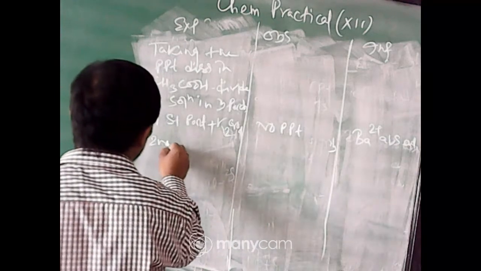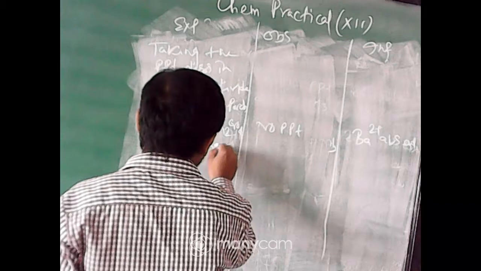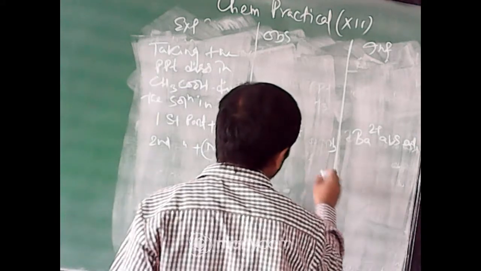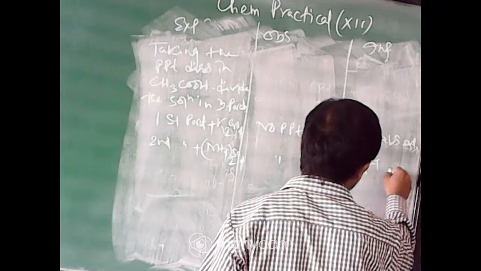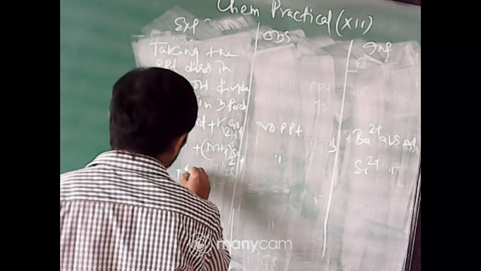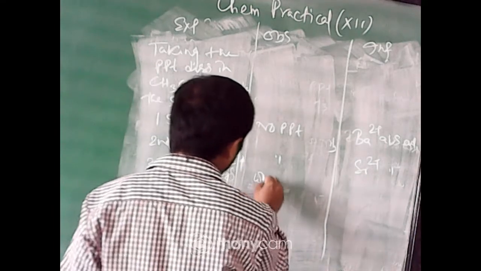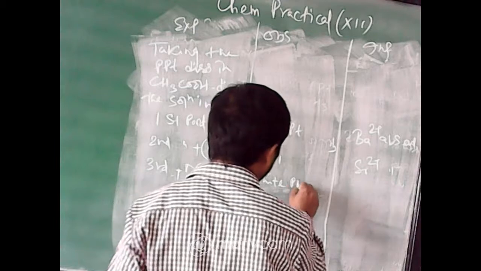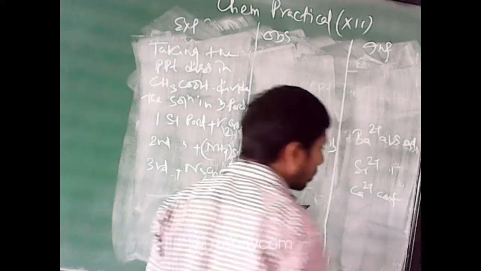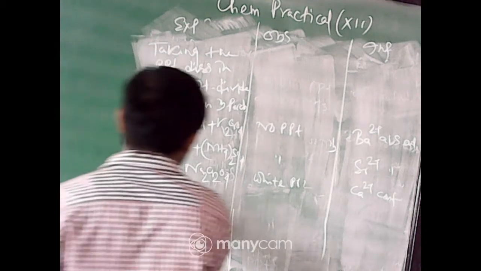Next, second part plus ammonium sulfate, no PPT, Sr2 plus absent. Third part plus sodium or ammonium oxalate, white PPT, calcium 2 plus confirmed. Okay, this will be the end of this chart.